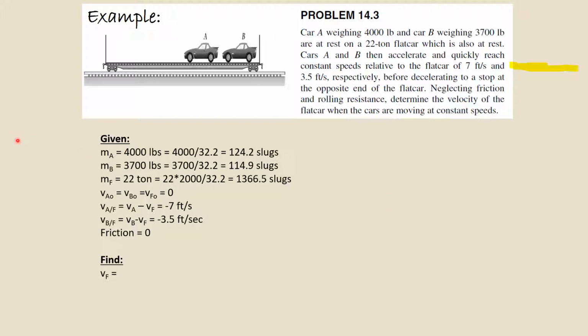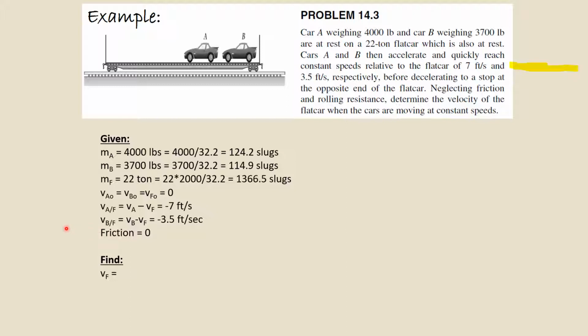Okay, so here's our given. We have the initial masses of the two cars and the train. We have the initial velocity, which starts from rest. We then have the cars relative to the train, so that's A/F: car A relative to the flat car, and B relative to the flat car. And remember all of this stuff about how the velocities add together.